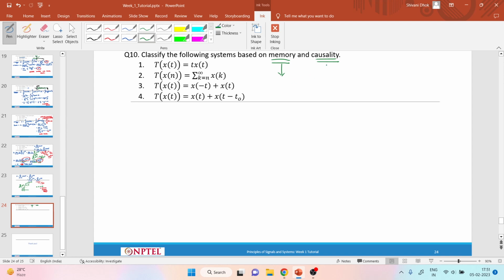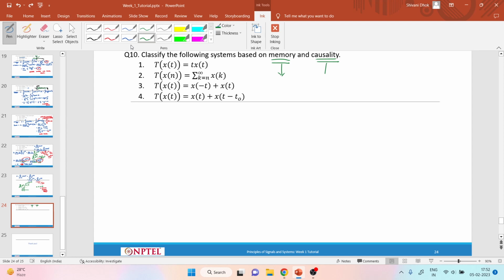For causal systems, it was said that if my current output depends on the current time instant or the previous time instants, then it is a causal system. But if there is a dependency on future time instants, then it will be a non-causal system.